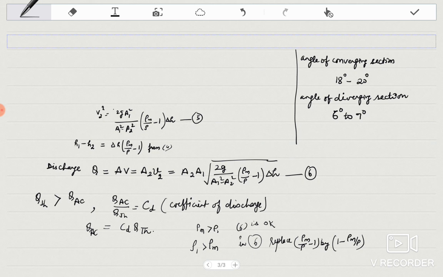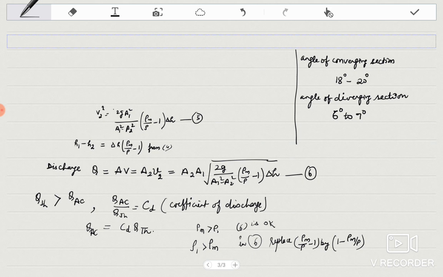Why do we consider this type of angles? Because otherwise the no slip condition will not be followed. It simply means when you go from the converging section to the diverging section, the fluid will leave the walls of the tube of the venturimeter. So in order to avoid the separation of fluid, these angles should be in this range.